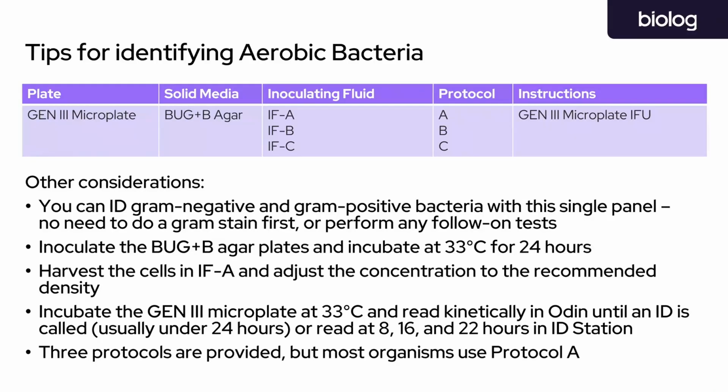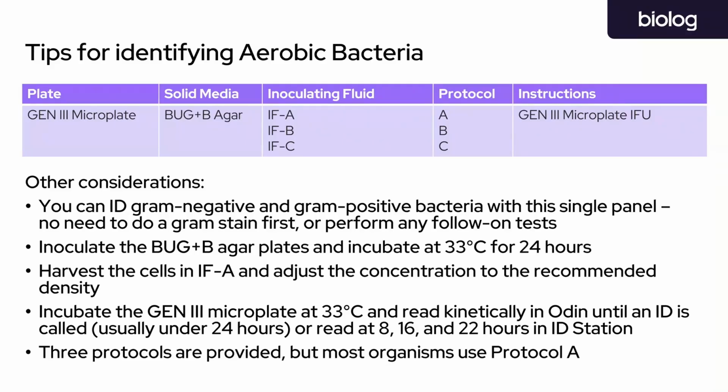This is validated to be as welcoming to as many different kinds of aerobic bacteria as possible. And it's very important to use the media that we suggest in these cases because it gets your bug into that correct and anticipated metabolic state before it gets transferred onto the Gen 3 plate.